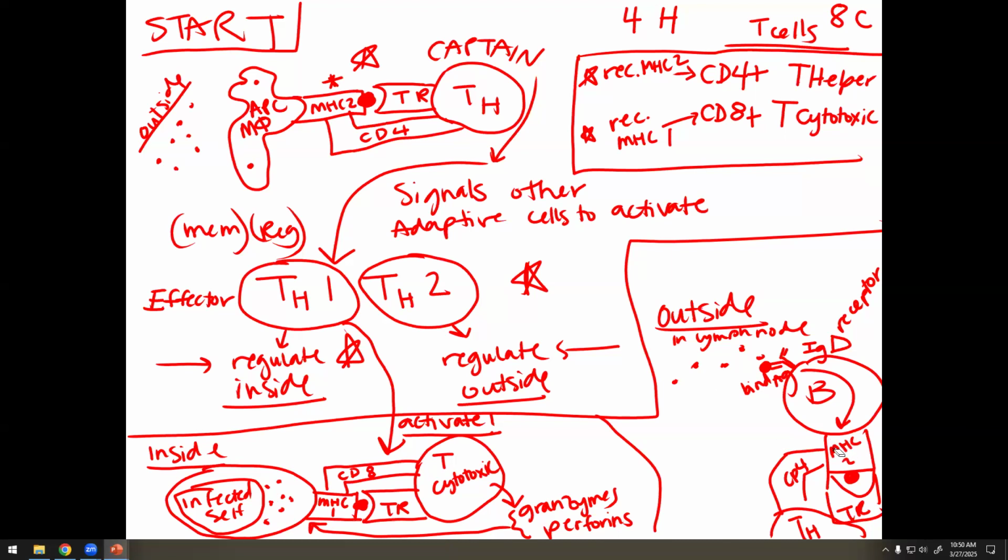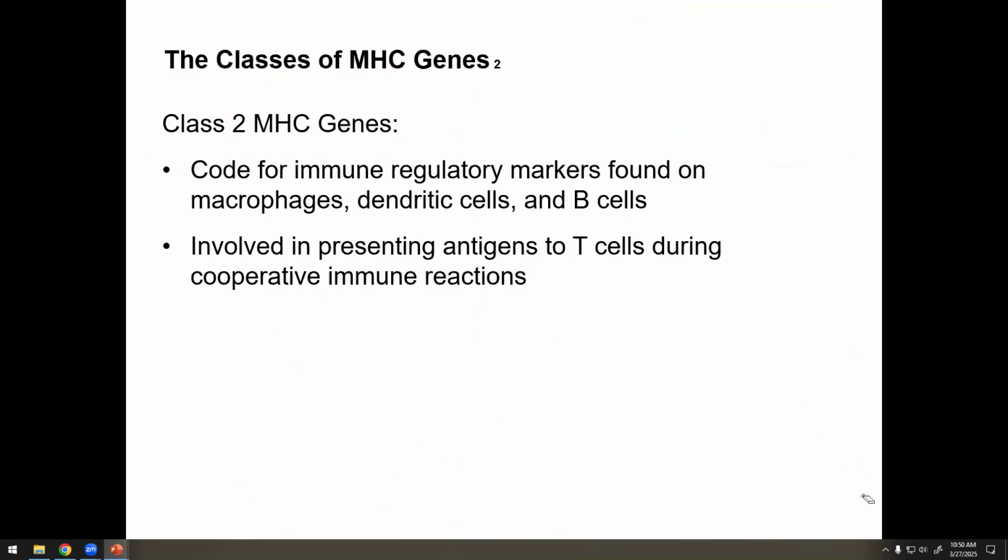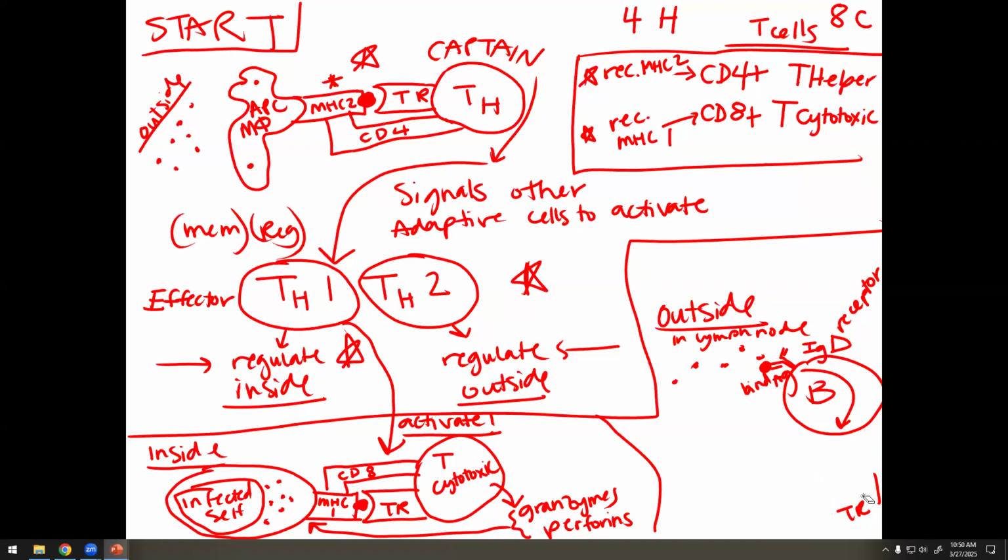Then we don't need that activation step to happen. Then the similar thing will still happen where they will take it in on their inside and we'll get our signal from our T helper, but it won't just be a naive T helper, it'll be a Th2.